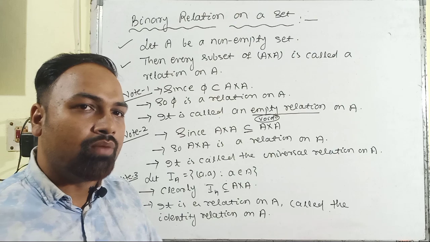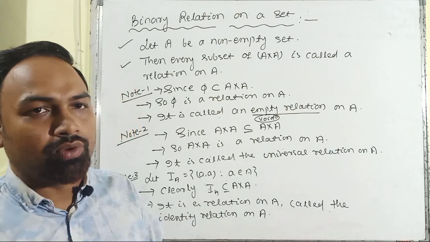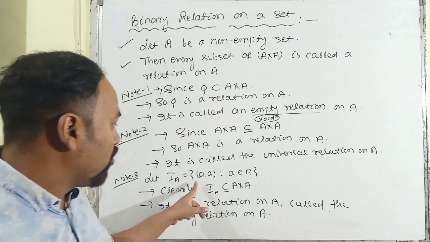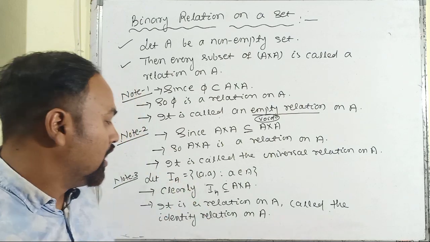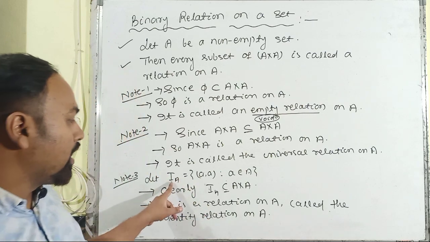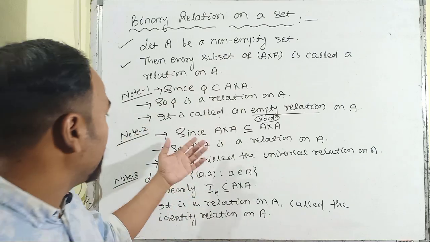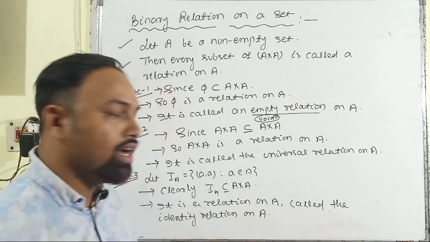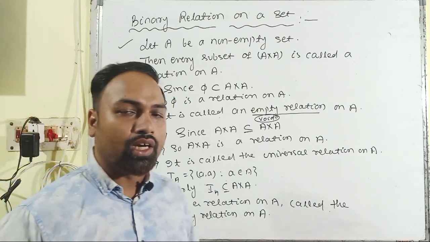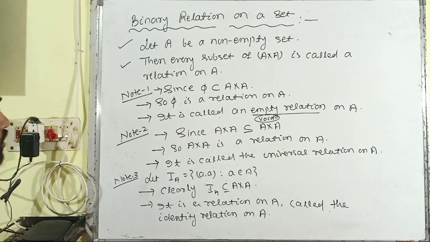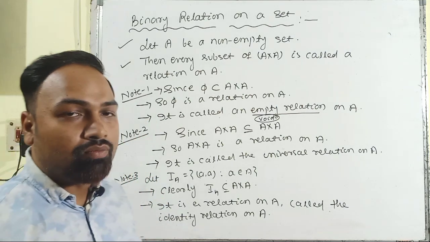That means the first component must be a and the second component must be a. Such ordered pairs are called the identity relation, denoted by I_A. We will discuss the empty relation, universal relation and identity relation next year also, in second year, 12th class mathematics. Let us write down these notes, this will help in this year's mathematics.